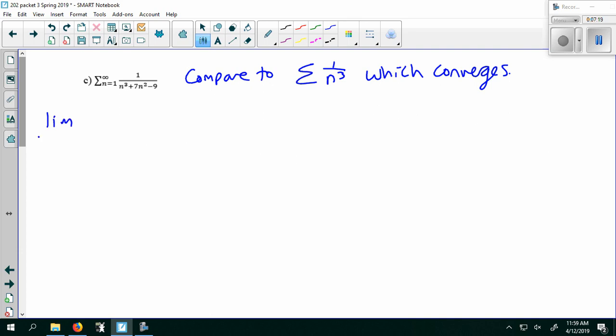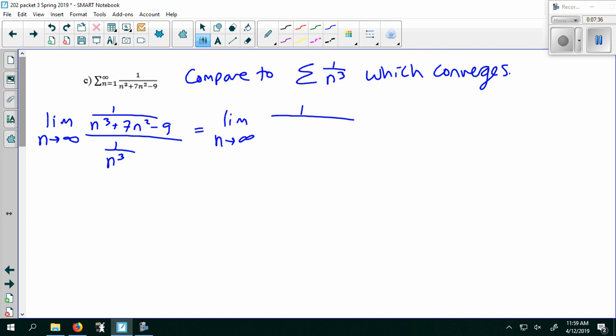So I'm going to take the limit as n goes to infinity of my series, 1 over n cubed plus 7n squared minus 9, divided by the comparison series, 1 over n cubed. And I'm just going to do my flip and multiply trick.